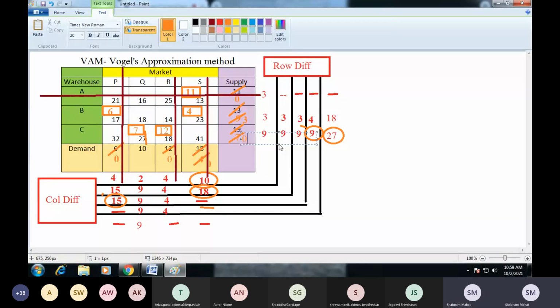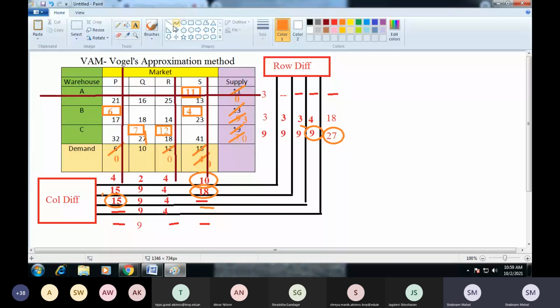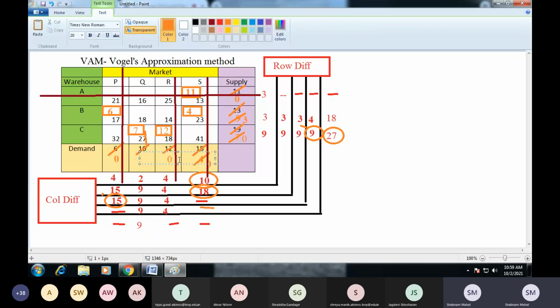For which market do I provide those 7 units? For my Q market, where the demand is for 10 units. So if I fulfill 7 quantity of demand, then the remaining demand for market Q is 3.